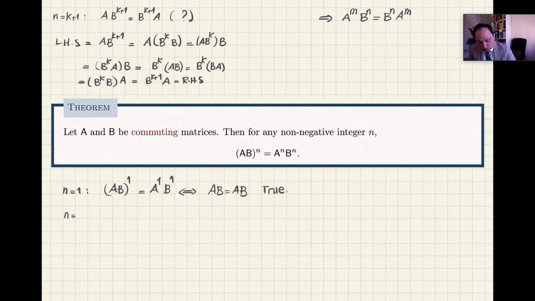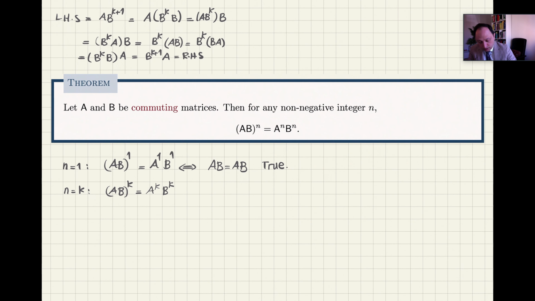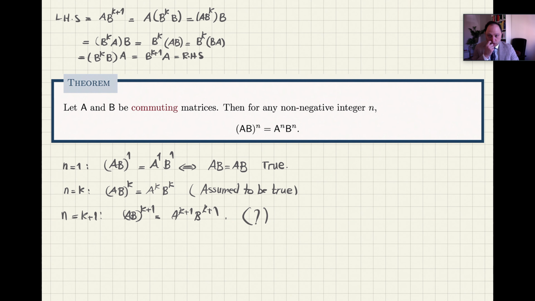Now let us assume that this is true for k, so it means that I know that this holds, assumed to be true. And then we want to show that this is also true for the next step. So I want to show that (AB)^(k+1) is equal to A^(k+1) B^(k+1). This is what I want to show.